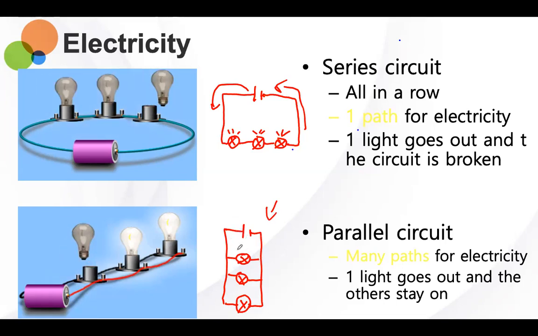You have one here, you have one here in the second row, and you have one from the power supply to the third one. So for the parallel circuit, there are 3 paths for electricity to flow. But for a series circuit, how many paths for electricity to flow are there? 1. Just 1. All right.